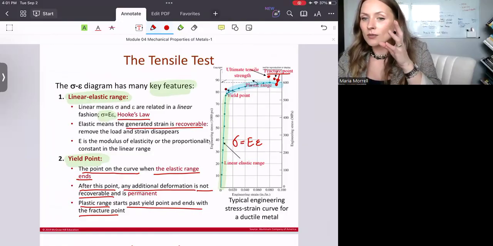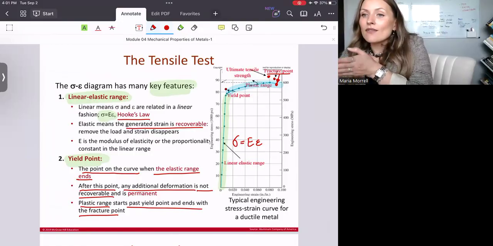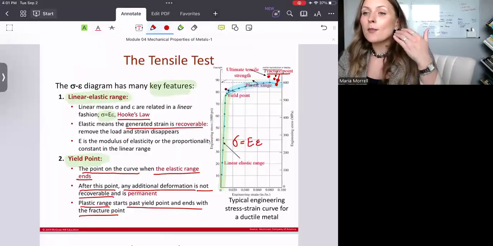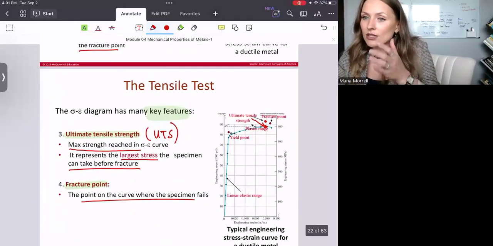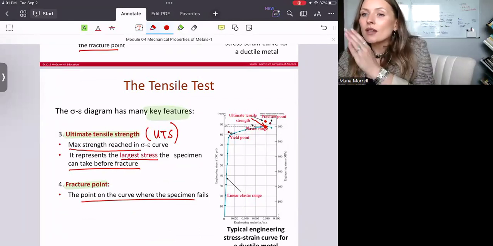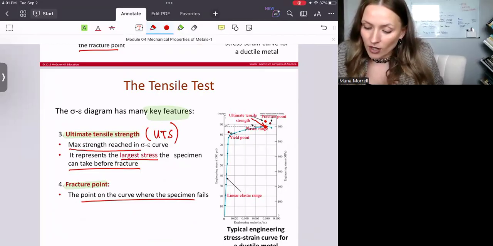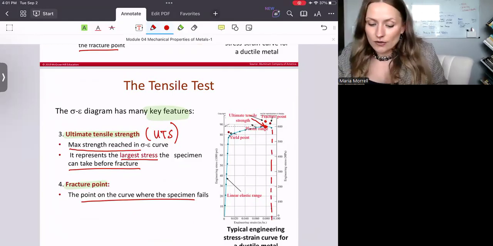The yield point is where the material yields, meaning that from that point on, the deformation that it experiences is permanent. We can also see the largest stress the specimen can take, which is going to be our ultimate tensile strength. And then we can also identify the fracture point. And of course, you can see how much it elongated, somewhere in here, before the fracture occurs, right?